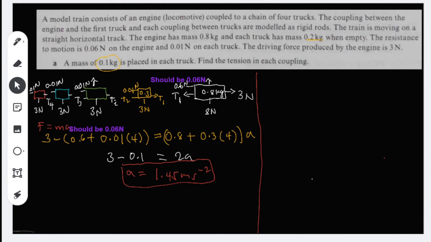For the first equation, take note that we are still using F is equal to MA. Let's start with the engine, this part here.